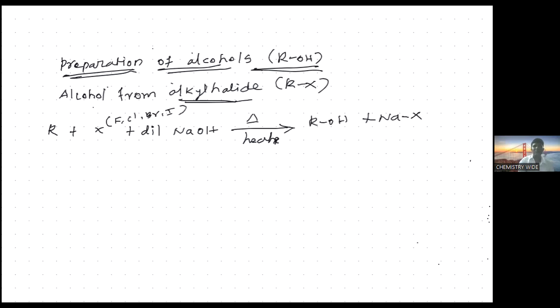R is the alkyl group. So the alkyl halide is going to split into R plus and X minus. X is the halogen group.